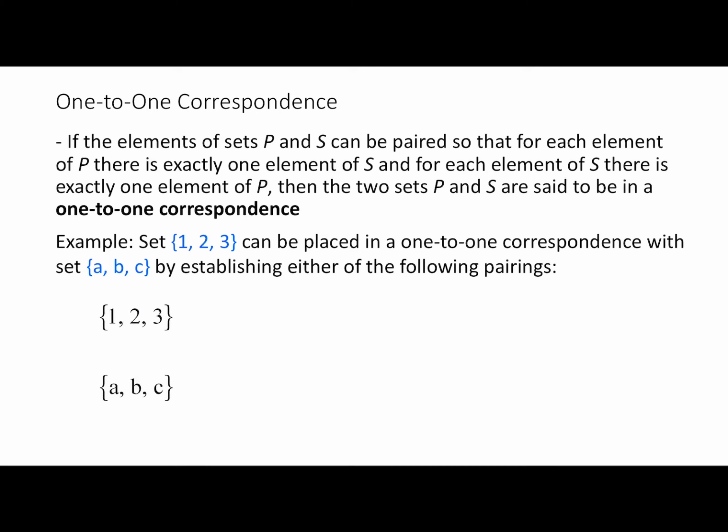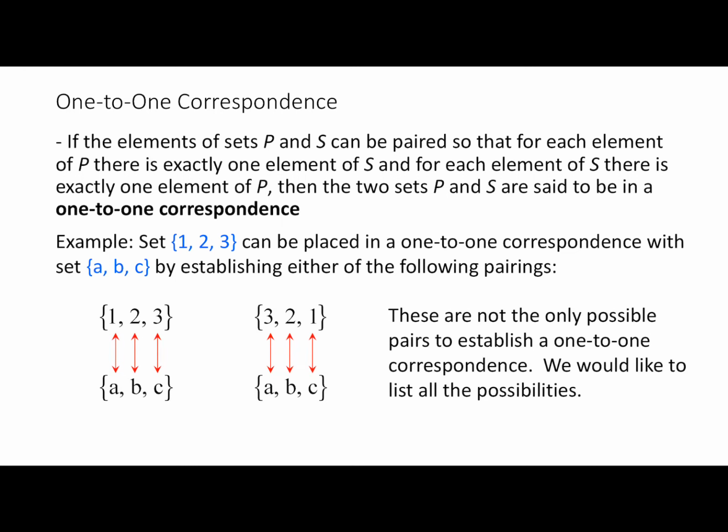Pair 1 with A, 2 with B, and 3 with C, and vice versa. Or I could pair 3 with A and 2 with B and 1 with C. These aren't the only ways that I could build a one-to-one correspondence between these two sets.